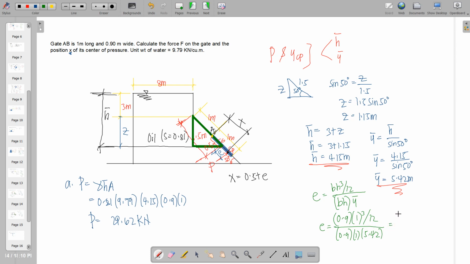Hence, we get the value of E equivalent to 0.0153 meters. So therefore, x is equal to 0.5 plus 0.0153, and that would sum to 0.5153 from A. Okay, so that's it for this problem.